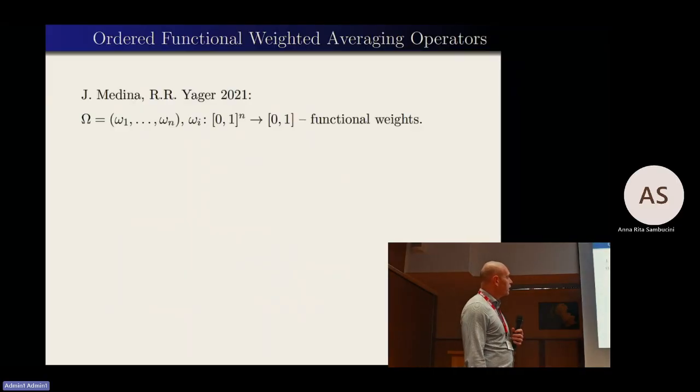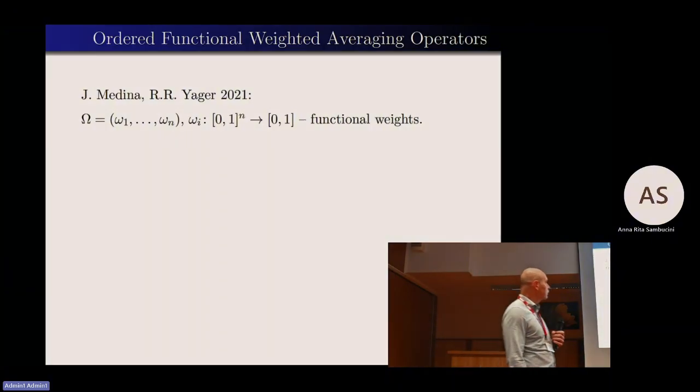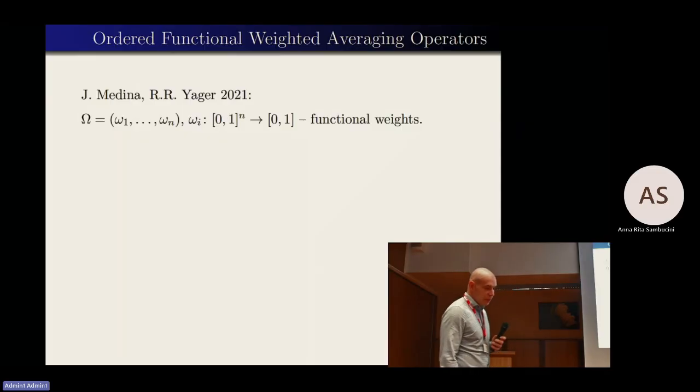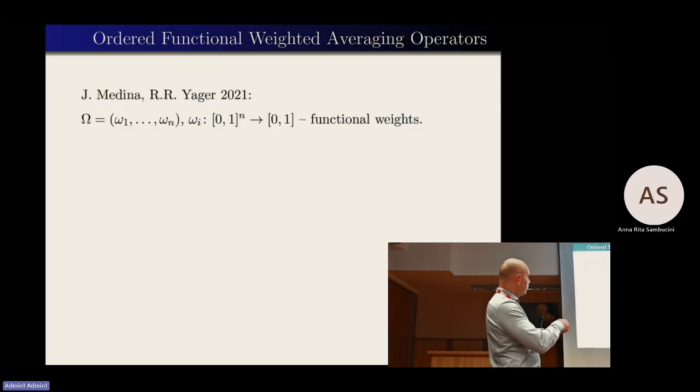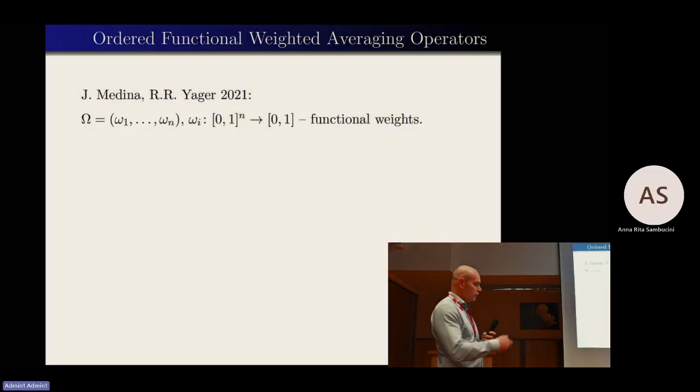Recently, Medina and Jaeger introduced the so-called ordered functional weighted averaging operators, and the major novelty was that instead of a constant vector of weights, they consider functional weights. That is, each particular weight is a function from the unit cube to the interval 0, 1.